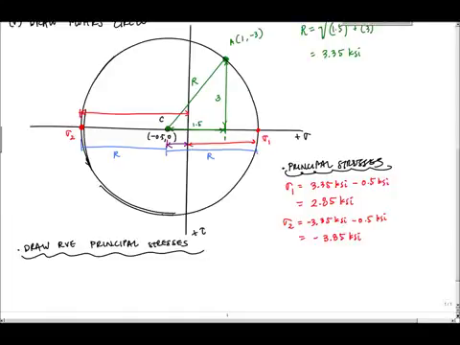Rather, it represented the face perpendicular to x, or theta equals 0 degrees. On this face, we had 1 ksi in tension and 3 ksi in shear going this way. It represented this face.